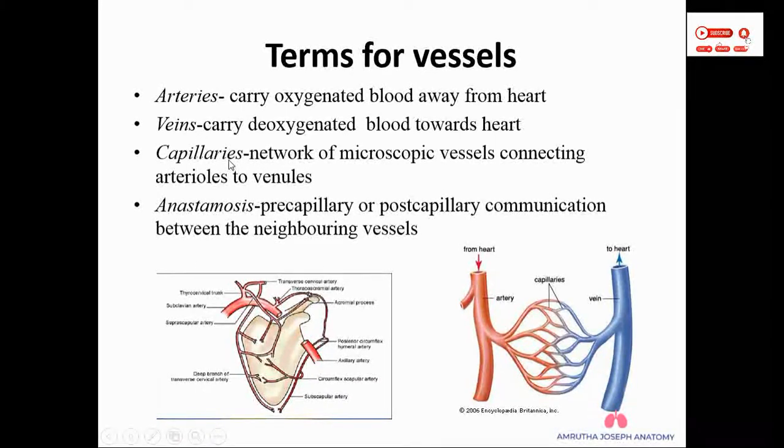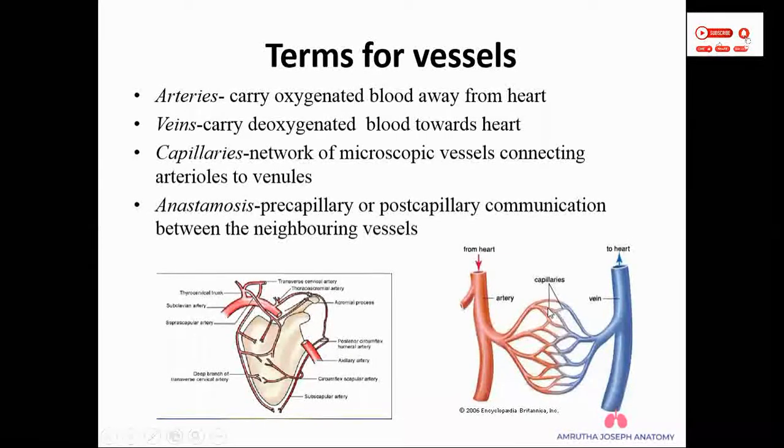Now capillaries are microscopic vessels connecting arterioles to venules. The artery takes blood from the heart. As the artery moves, it divides into smaller and smaller branches, called arterioles. Arterioles join to form capillaries, which are microscopic vessels.